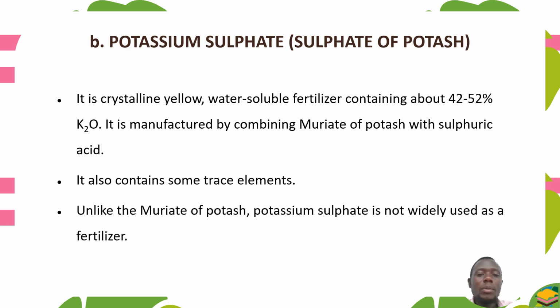Another example is potassium sulfate, or sulfate of potash. This is a crystalline yellow water soluble fertilizer containing about 42 to 52% of potassium oxide. It is manufactured by combining muriate of potash with sulfuric acid, forming potassium sulfate.